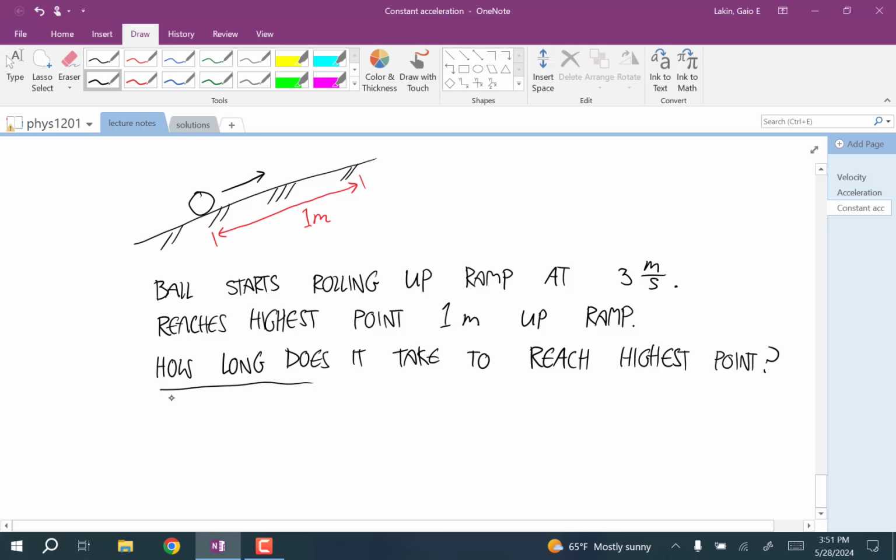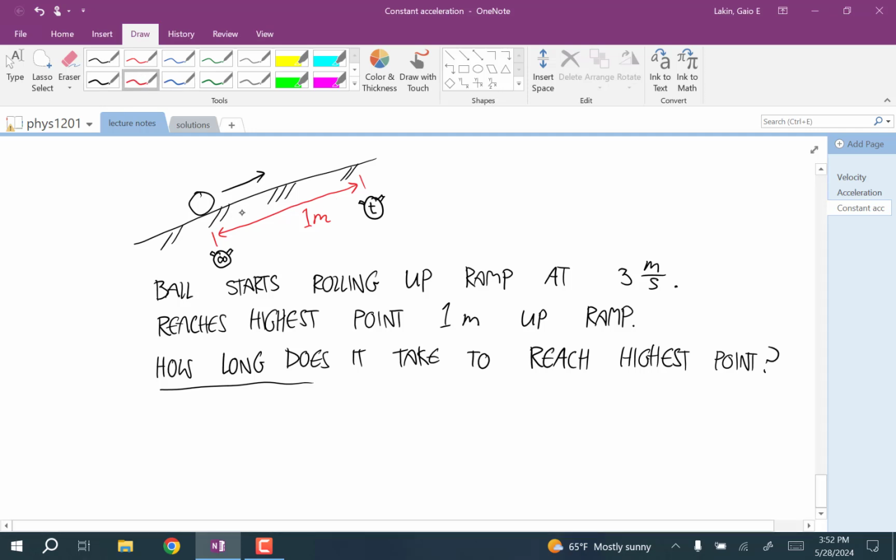Okay. Well, when it's going 3 meters per second, that's the instant when we're going to turn the stopwatch on. So that's the 0. And then here, we don't know what the stopwatch says. It's going to say t, but that's going to be when it's gone up 1 meter.